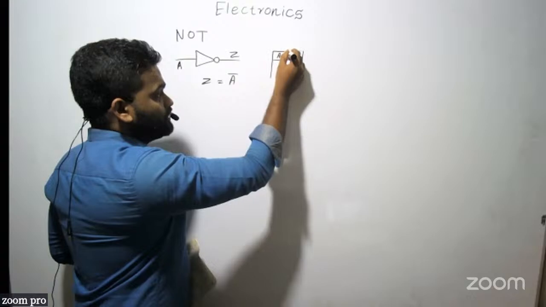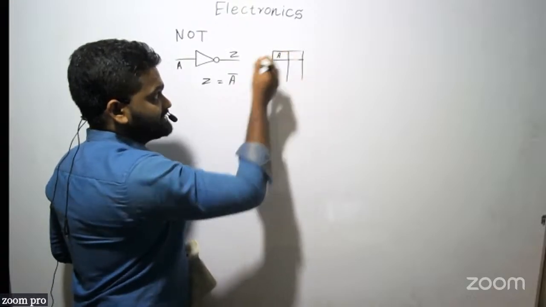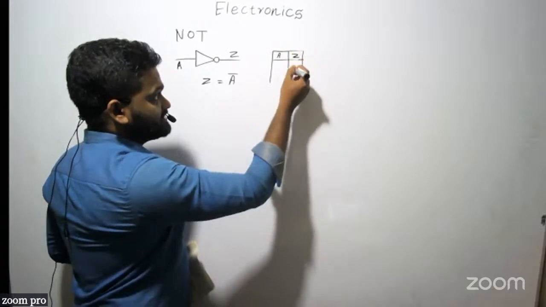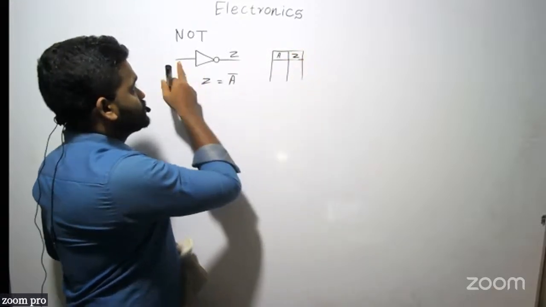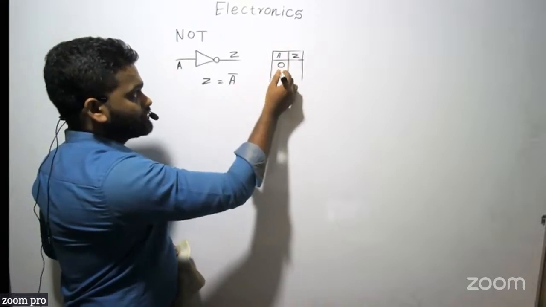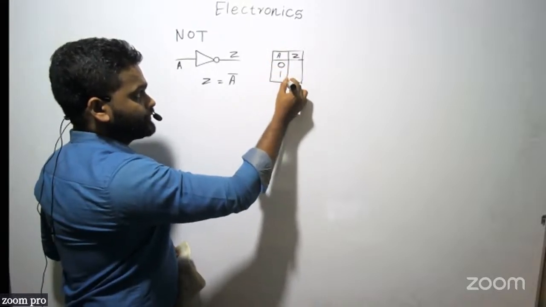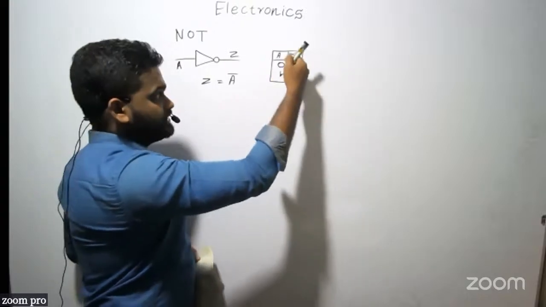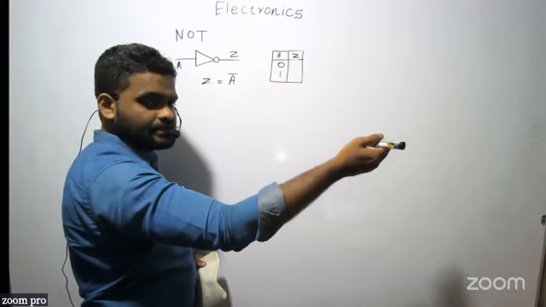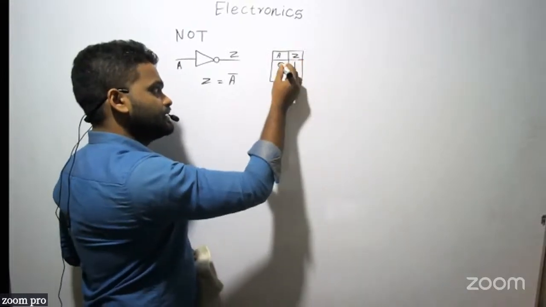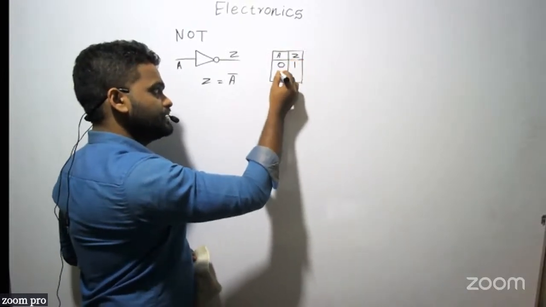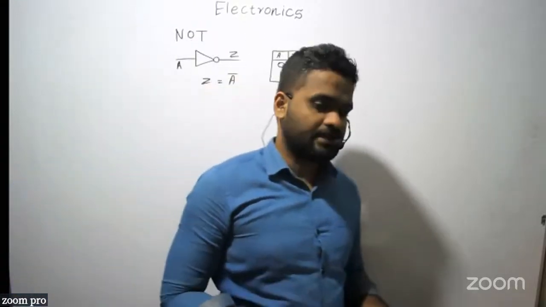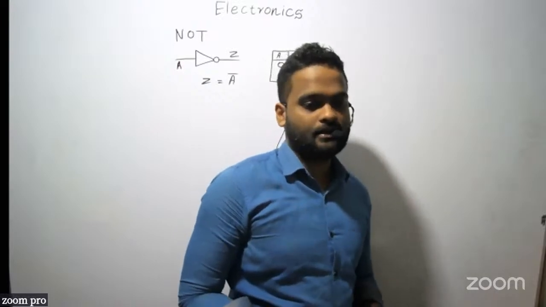We only have one input, A, and the output is, let's say, Z. For the input I can give either 0 or 1. If it is 0, we get the inverse value, which in digital electronics is 1. Opposite of 0 is 1, and opposite of 1 is 0. So this is regarding the NOT gate.